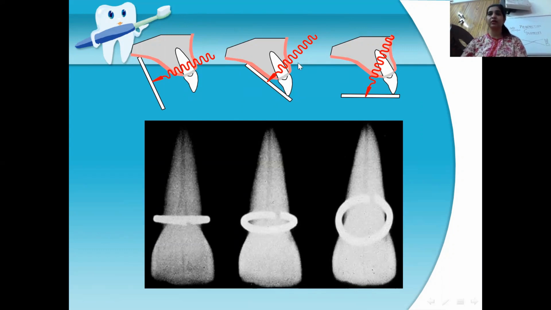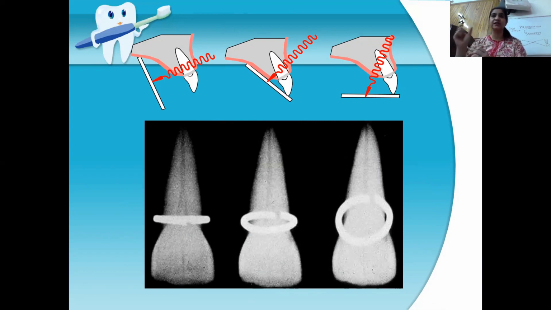This is the radiopaque object, that is your lead ring. If the vertical alignment is there, then this type of thing can be seen. So beam alignment is very important, and proper vertical and horizontal angulation should be kept in mind.